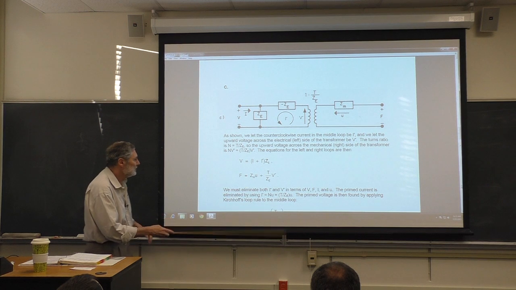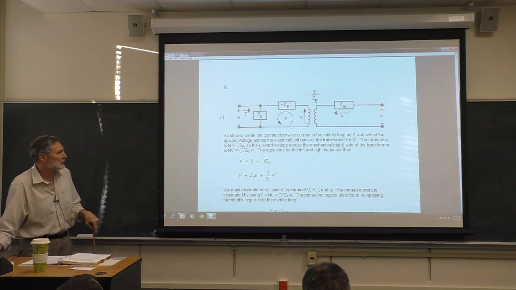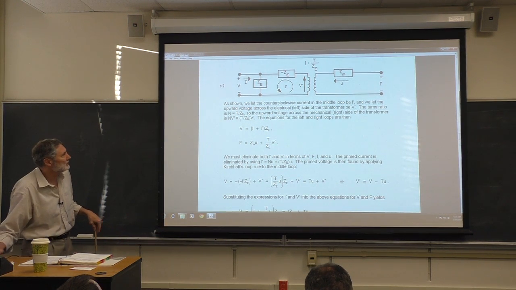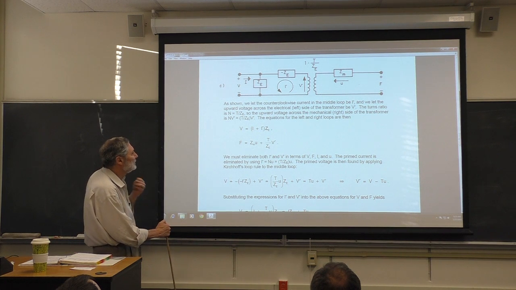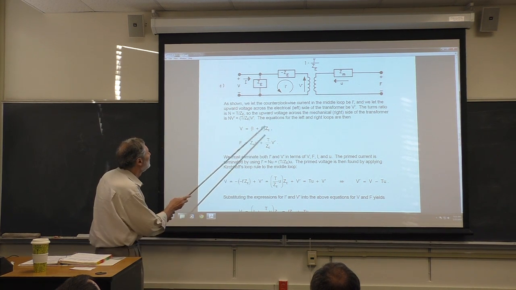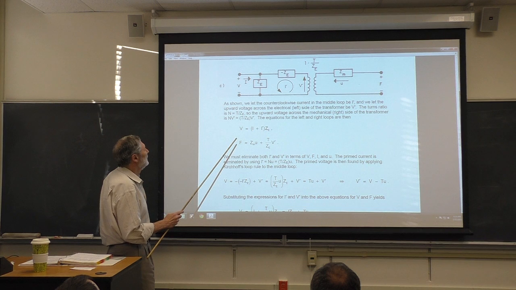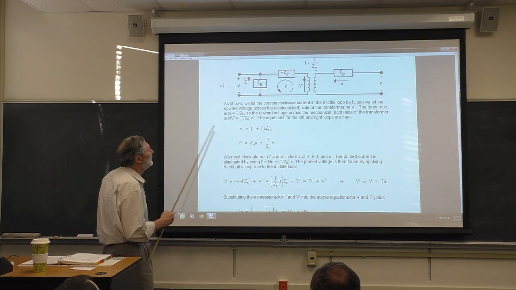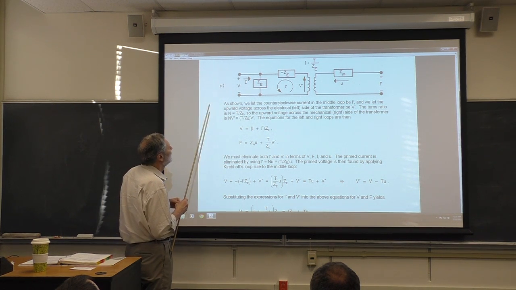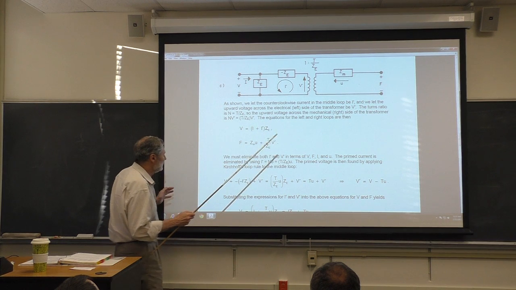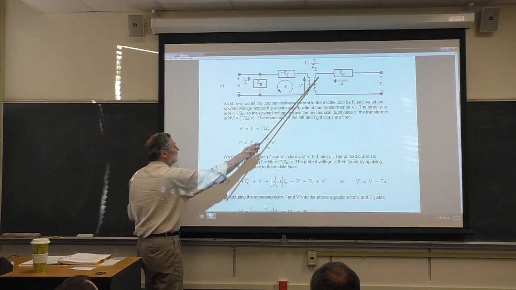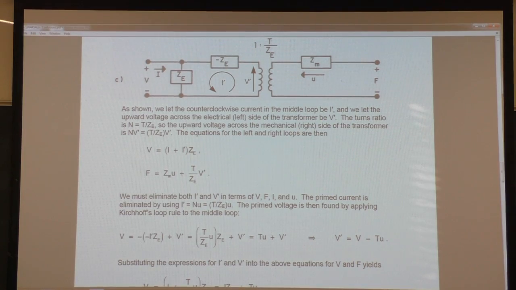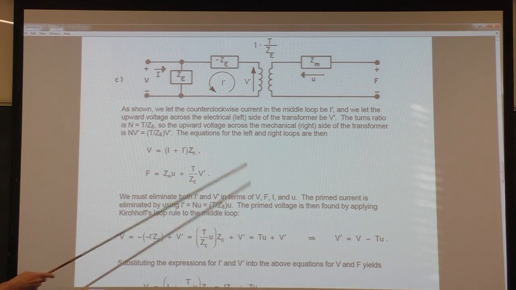This is right. Now, the problem here, of course, is that we have to get rid of I prime and V prime. Well, V prime we know... no, we don't know V prime. I'm sorry, I got confused. Okay, so let's look at this.